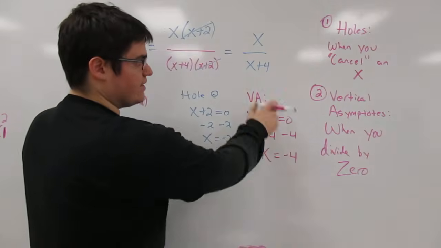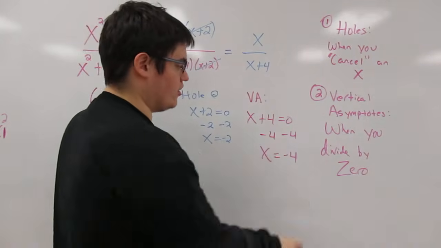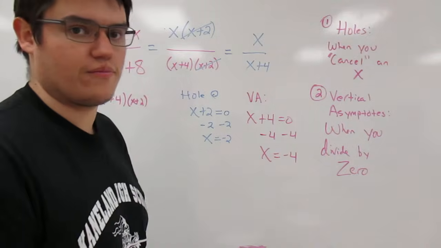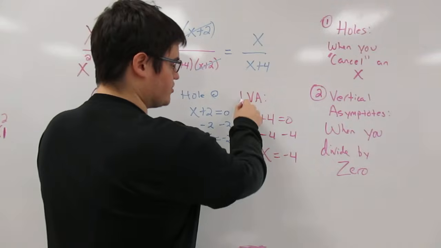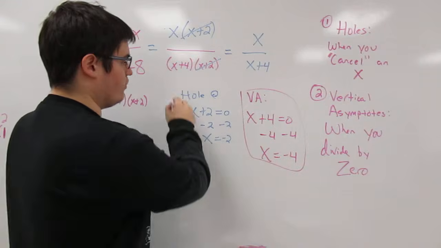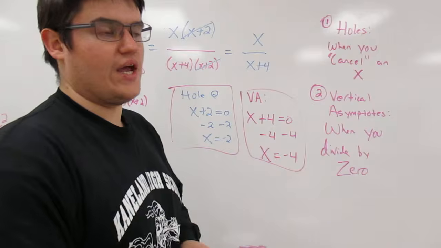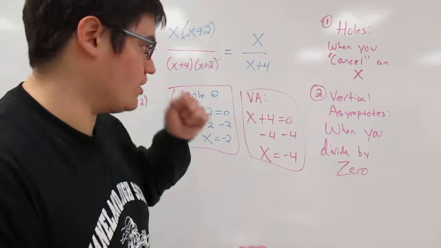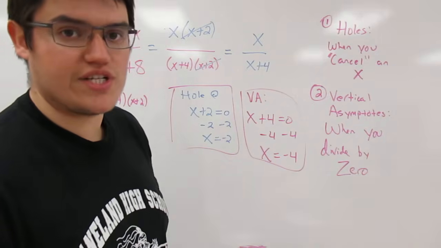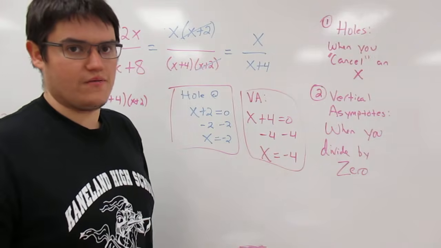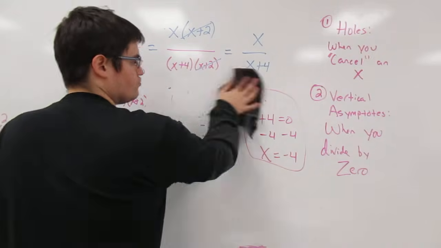So when x is negative 4, this whole thing becomes 0, so I have a vertical asymptote at negative 4. So my vertical asymptote is x equals negative 4, and then I have a hole at x equals negative 2. And we'll talk about later what exactly these are going to look like when it comes to our graph. Right now we just got to be able to find them. Okay?